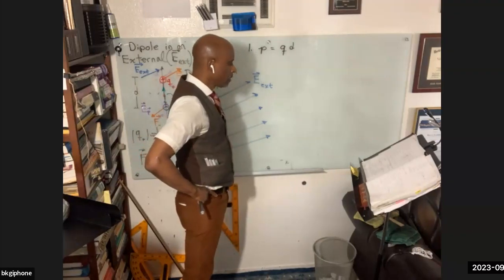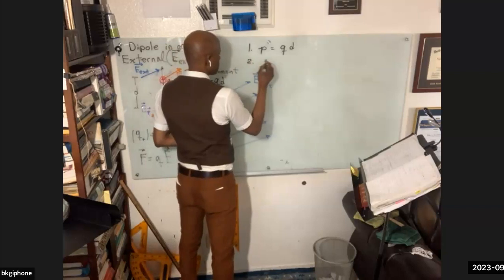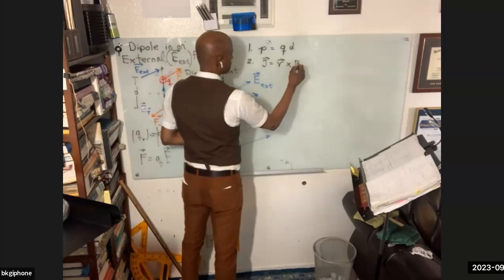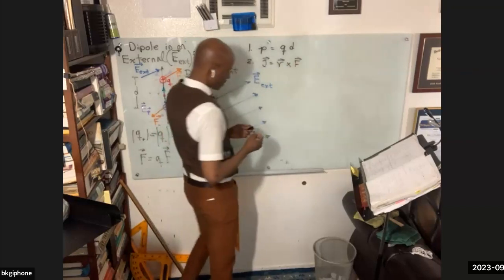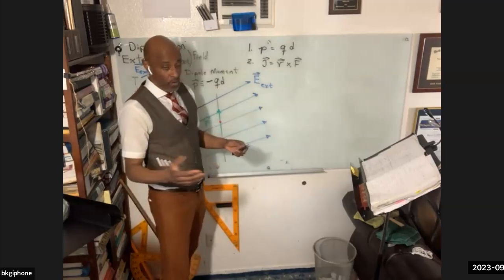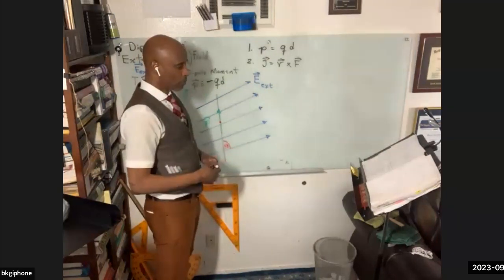Now, the definition of torque is that torque is equal to, the symbol we used was tau, R cross F. It's a cross product. And remember, you may remember with the right-hand rule, it applies in terms of the direction.